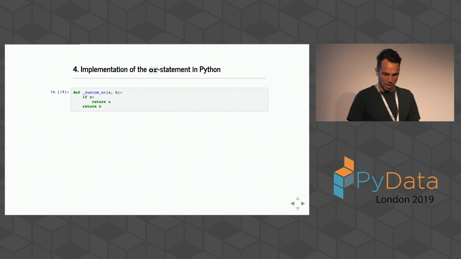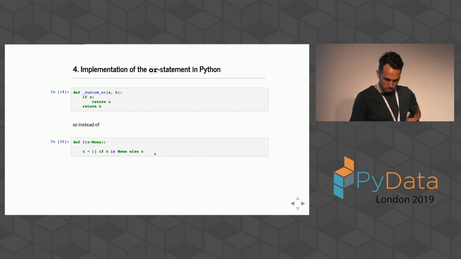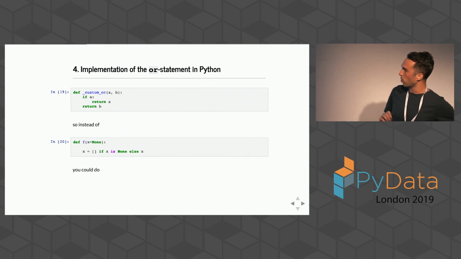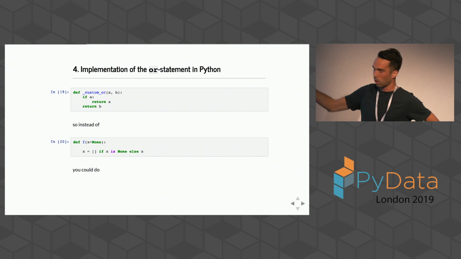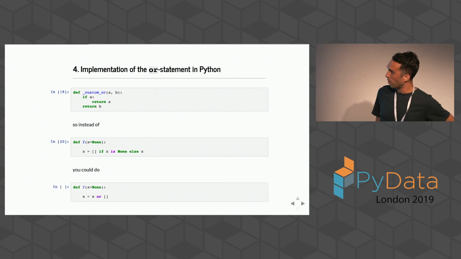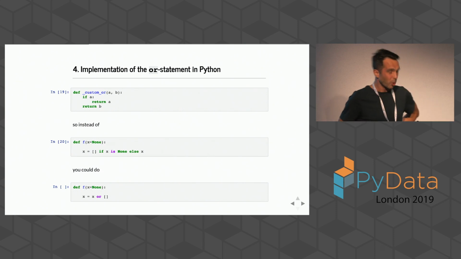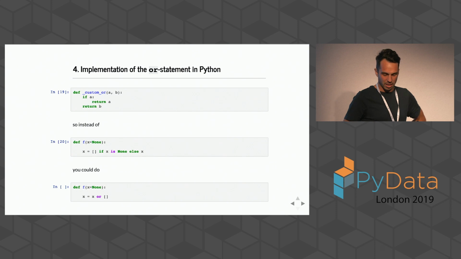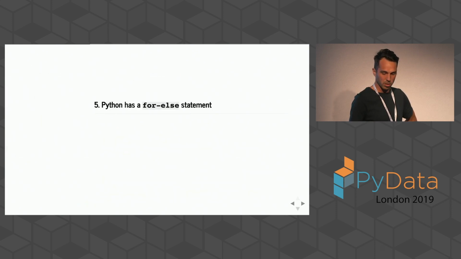If you say A or B, it says if A, and otherwise, if it's true you return A, and otherwise you return B. So instead, if you give None as a default argument, instead of checking if X is None and otherwise assigning a mutable, you can also do this. It was quite a surprise to me. I don't know if it's good practice. Maybe there's someone around that can tell me it is or it is not. I think it's less explicit, but at least it's interesting to know how this OR statement works.